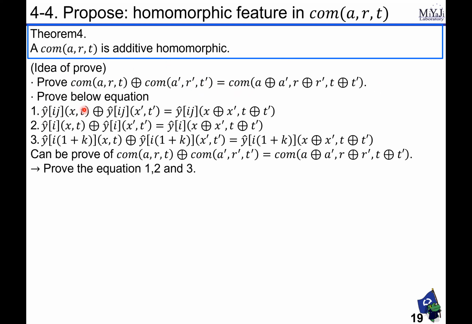If the three equations satisfy homomorphism, then we can prove that our commitment scheme is homomorphic. And we prove that equations 1 to 3 satisfy homomorphism. So we can say our commitment scheme Com is additive homomorphic.